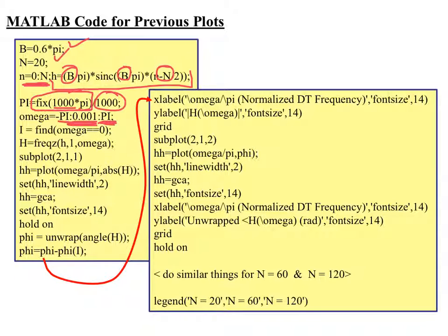The reason that I do that is that it creates my omega vector so that it literally has one value that is exactly equal to 0.